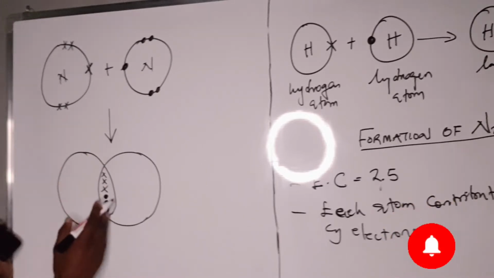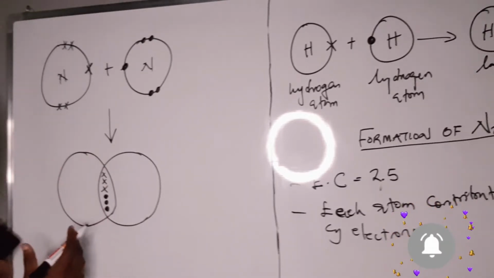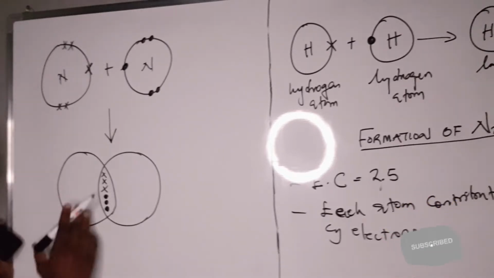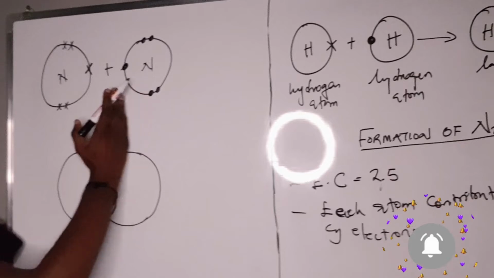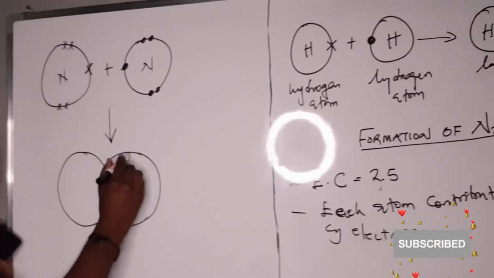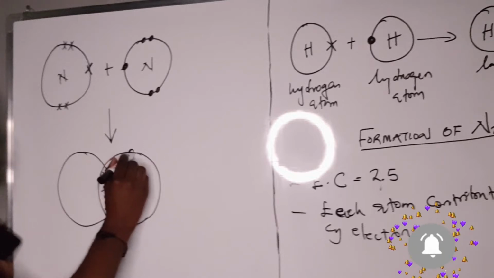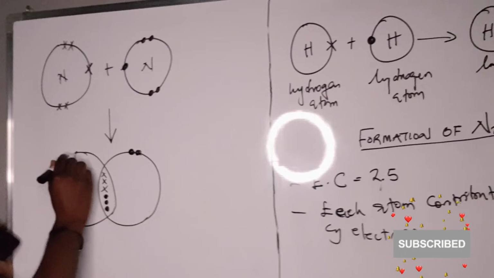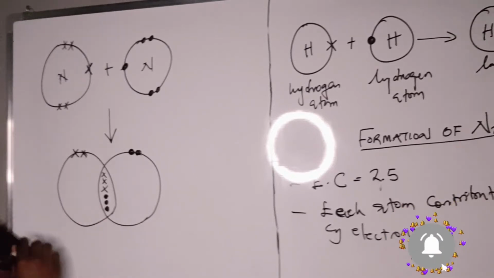So meaning the number of shared electrons that we are going to have will be 6 shared electrons. 3 from this atom, also 3 from this one, which is going to make 6. So we'll remain with 2 here, also 2 there.